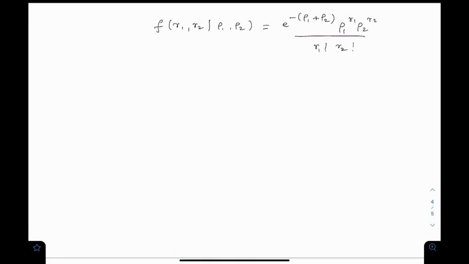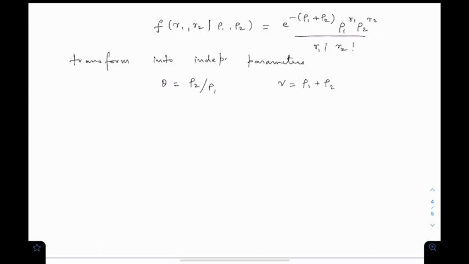So we'll transform this into independent parameters: theta equals rho 2 by rho 1, nu equals rho 1 plus rho 2. Our transformation gives f tilde of R1, R2 given theta and nu.